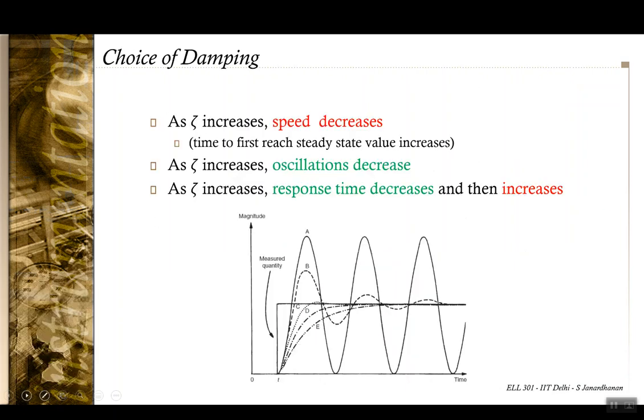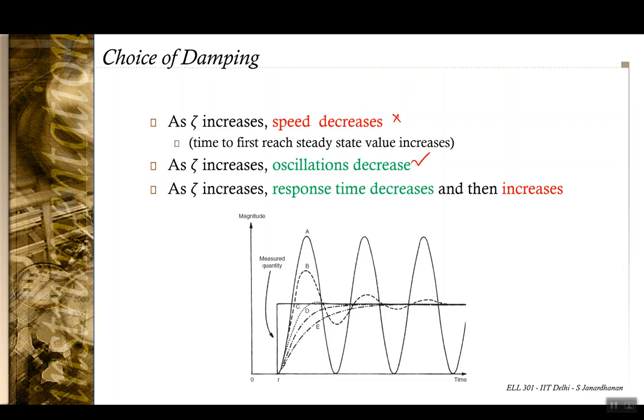As we have seen, in this case, as the value of zeta increases, the speed decreases. It becomes more and more sluggish. And as zeta increases, the oscillation also decreases, which is again a positive sign. This is something negative, this is something positive.